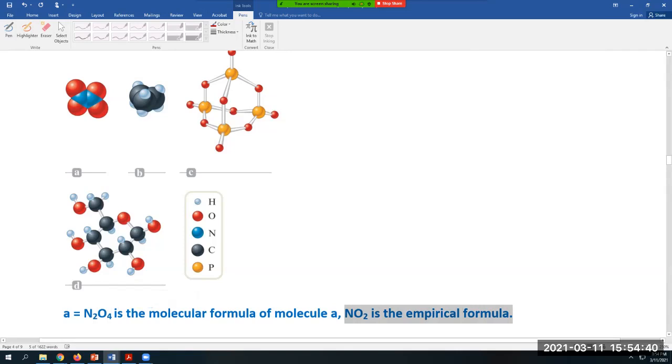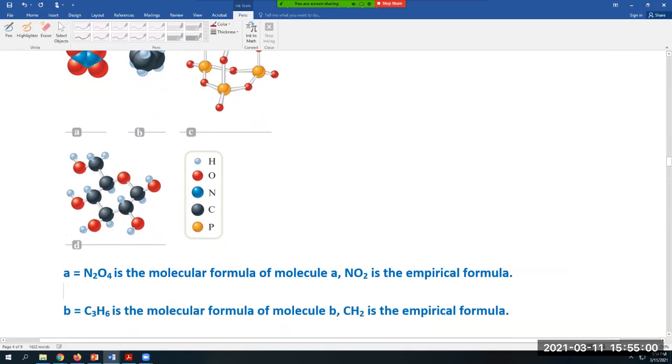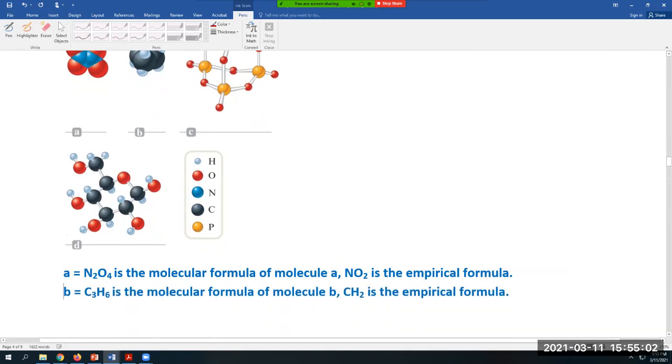In B, we have 3 carbons. Those black balls are the carbons. And then the white are hydrogens. And we can see 6 hydrogens. So that means the molecular formula will be C3H6. So C3H6, that's the molecular formula.